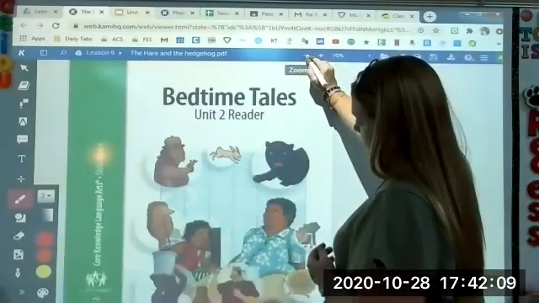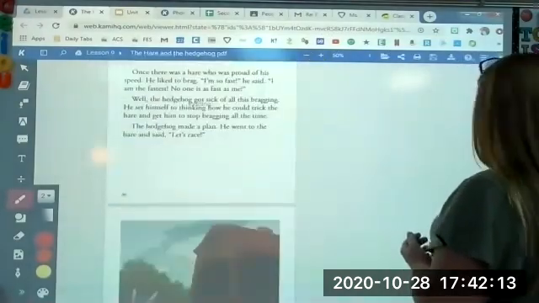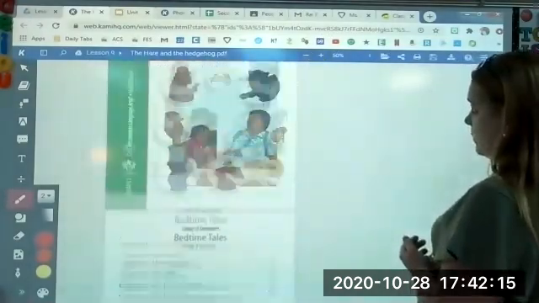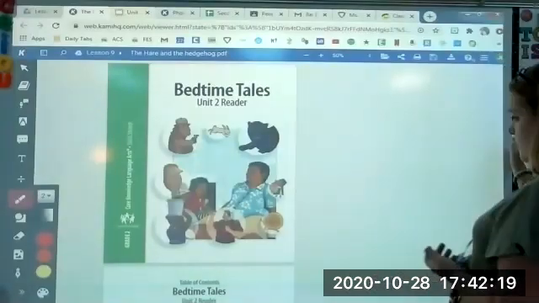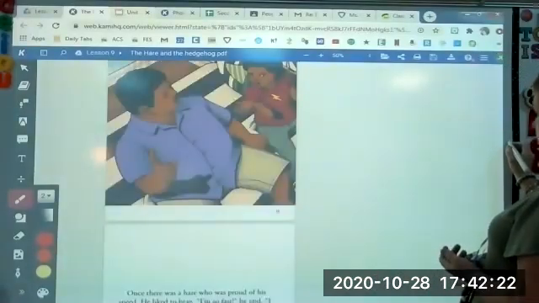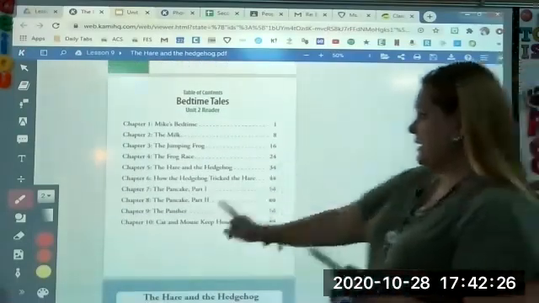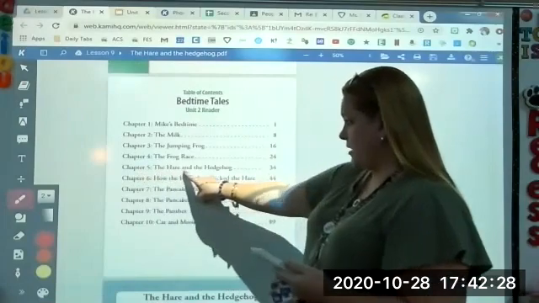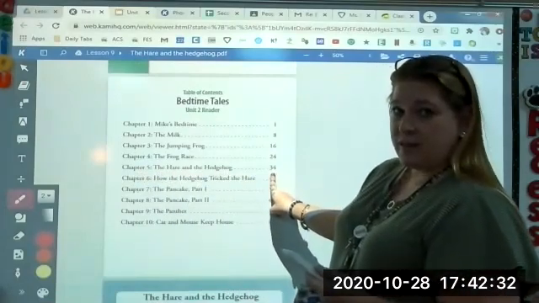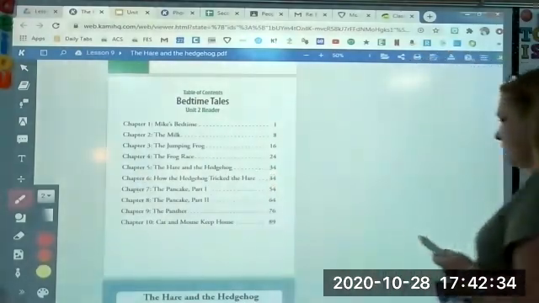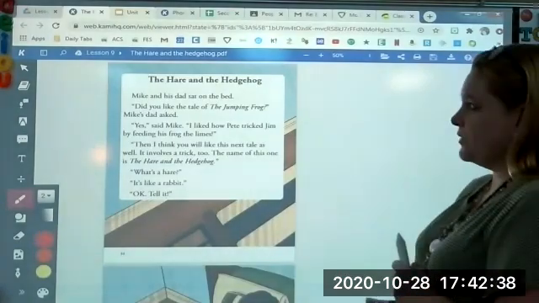I'm gonna make it smaller so we can see the whole page at one time. So here's our cover of our book, Bedtime Tales. And here is our table of contents. And here is chapter 5, The Hare and the Hedgehog, and it starts on page 34. Good.